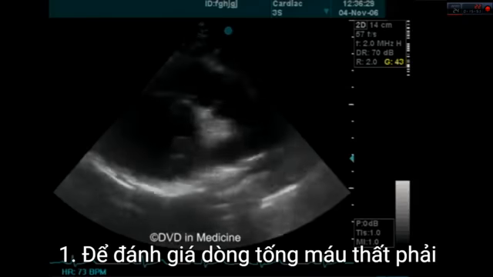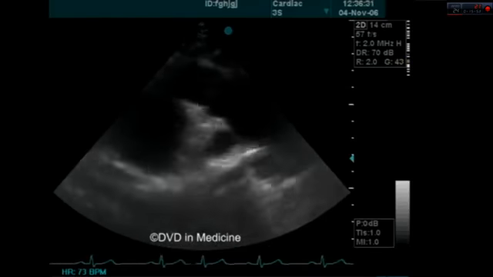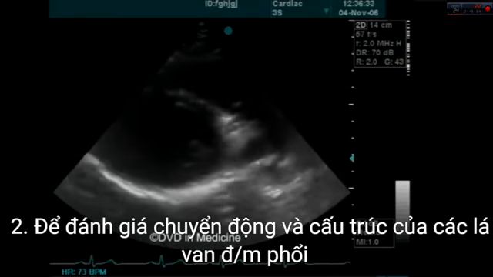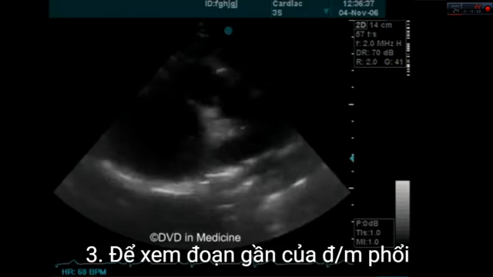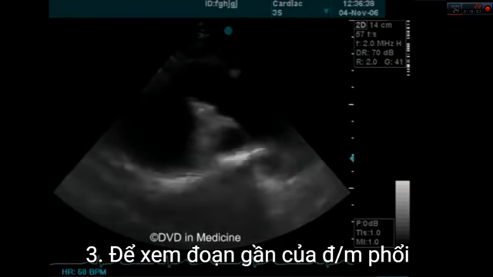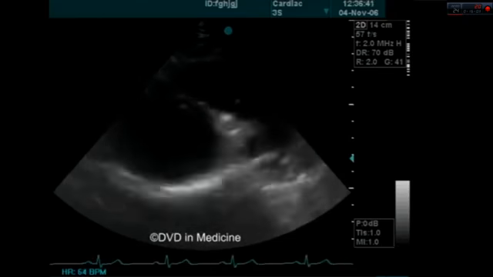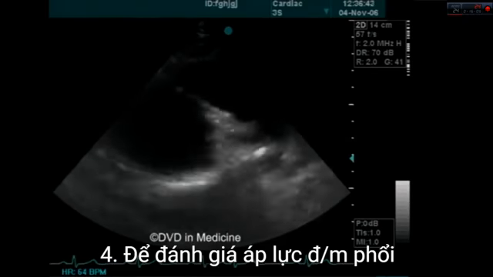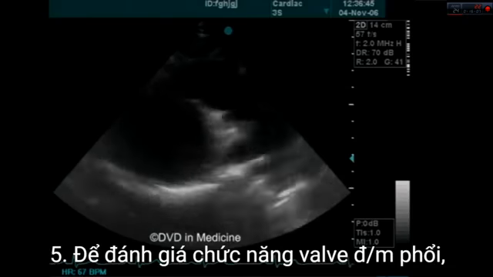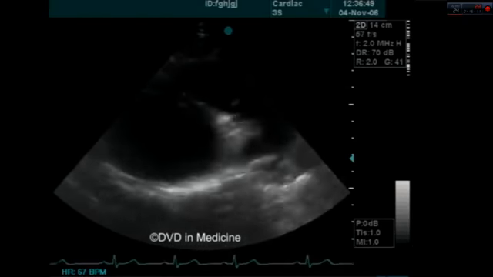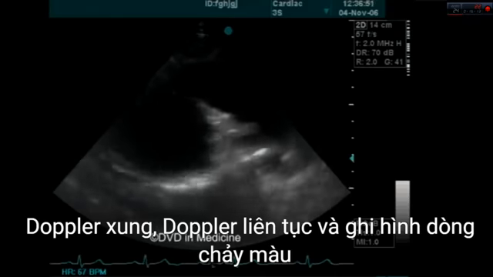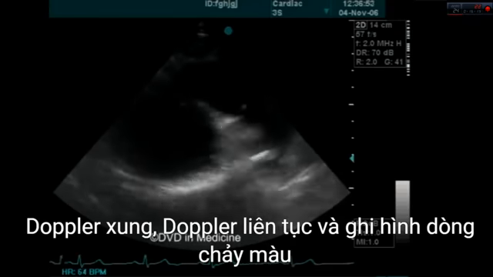To assess the right ventricular outflow tract. 2. To assess the motion and structure of the pulmonary artery valve leaflets. 3. To see the proximal part of the pulmonary artery. 4. To assess the pulmonary artery pressure. 5. To assess the function of the pulmonary artery valve, using pulsed Doppler, continuous wave Doppler, and color flow imaging.